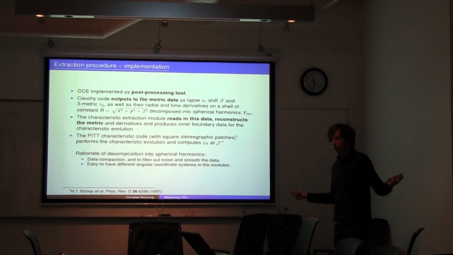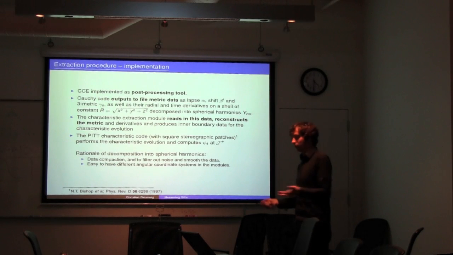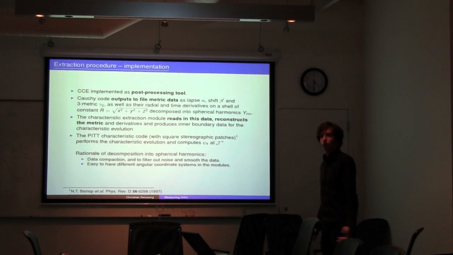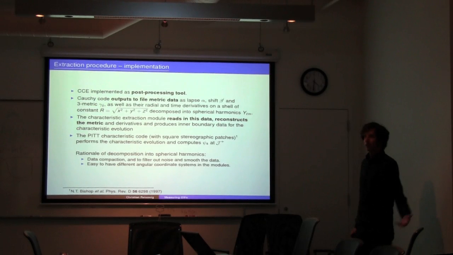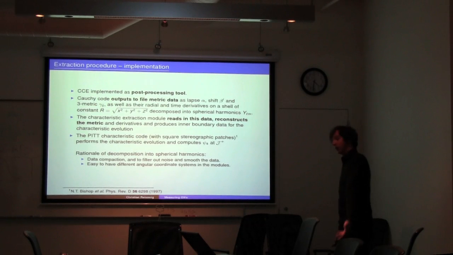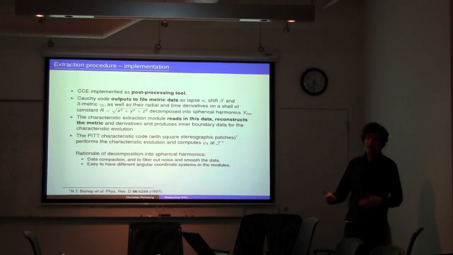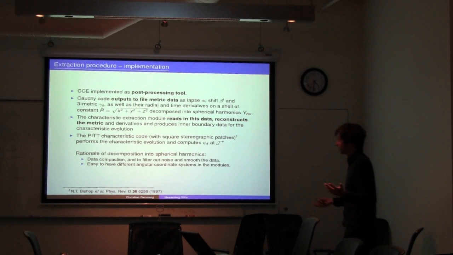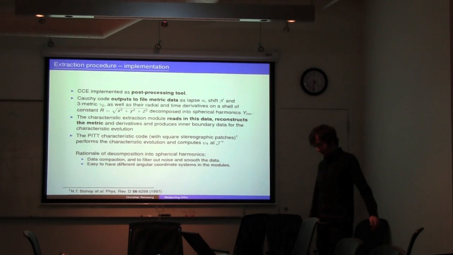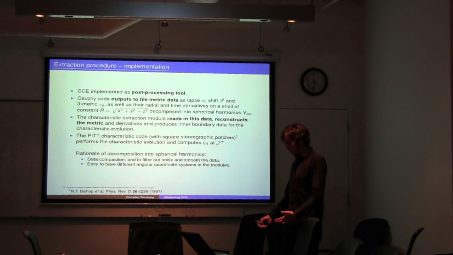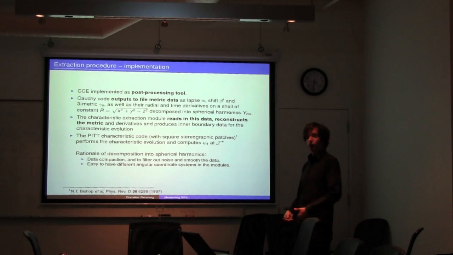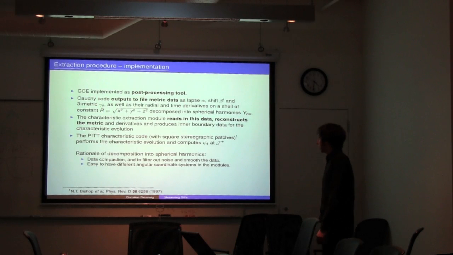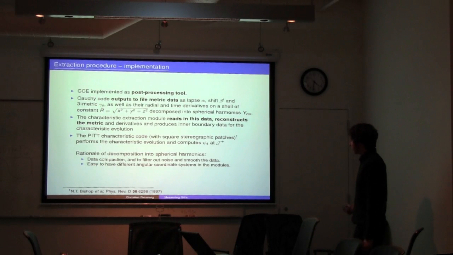So first we just run the Cauchy evolution scheme, which doesn't know anything about any characteristic evolution except for the fact that during the simulation we dump metric data on coordinate spheres to disk, and then after the Cauchy evolution is completed, we just take the data, read it in the characteristic code, and perform then the characteristic evolution to integrate the field equations onto scri plus.